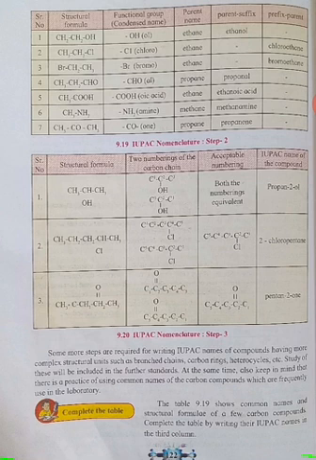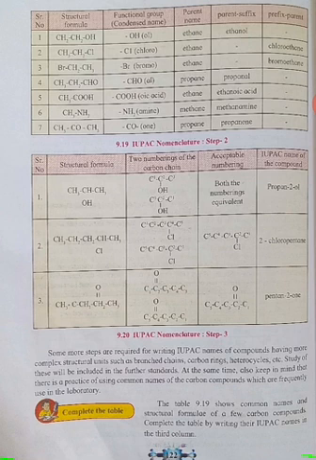These are the first, second and third steps shown by the table. We learn how the IUPAC nomenclature is formed. There are some more steps required for writing the IUPAC names of compounds having more complex structural units such as branched chains, carbon rings, heterocycles, etc. The study of this will be included in the further standard.